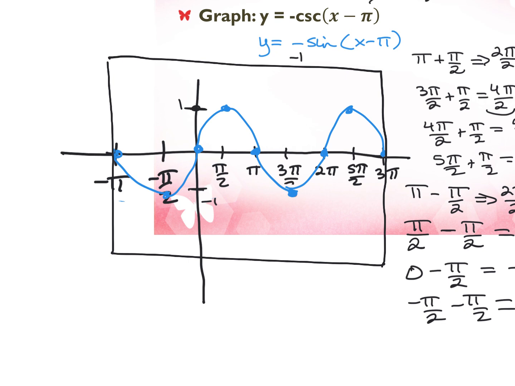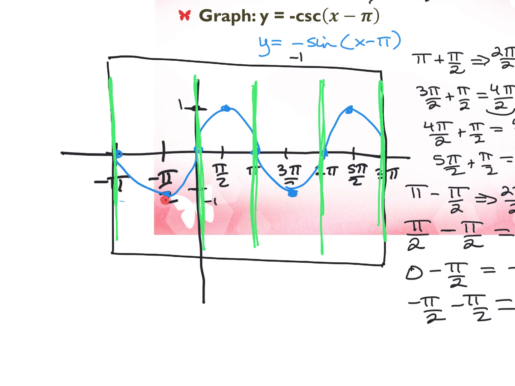Let's draw in the asymptotes now. I have one over here at negative pi. I've got one that's the y-axis. Got another one at pi, and then another one at 2 pi, and then another one at 3 pi. Now I can go ahead and draw in the actual cosecant graph. Again, all of the points that are the maximum and the minimums are going to get the parabola shape connected to them.